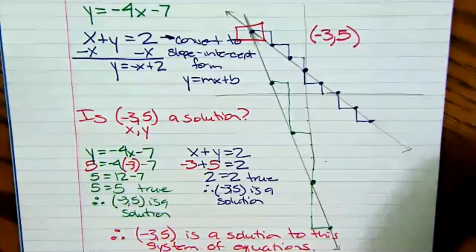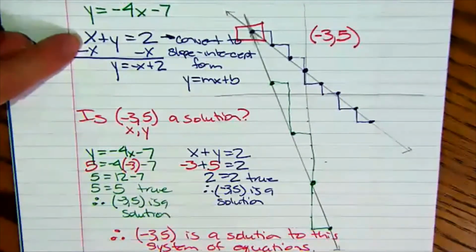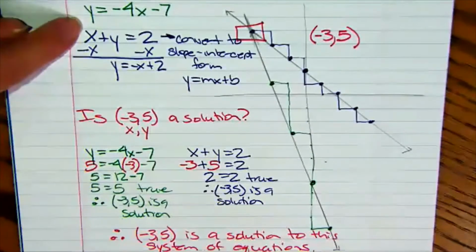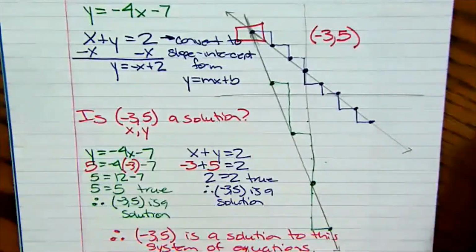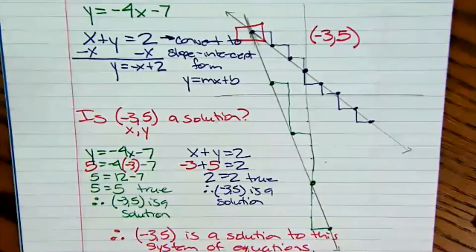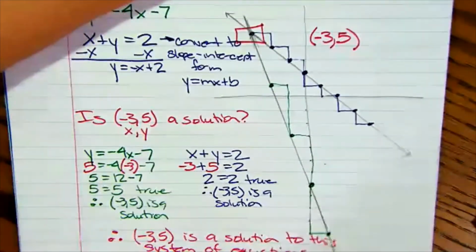This is just like what we did yesterday, only we may have to convert or change one or both of the equations into slope-intercept form. That's the only difference. So let's do one more.